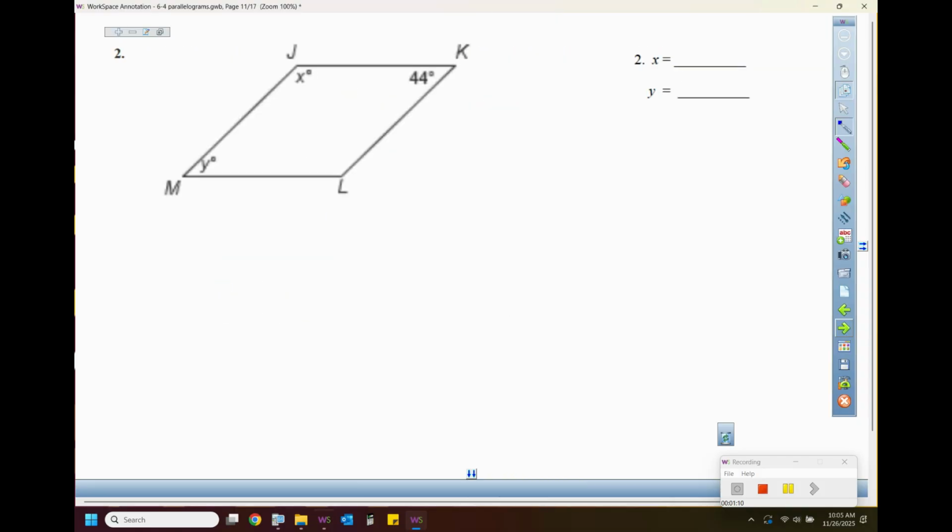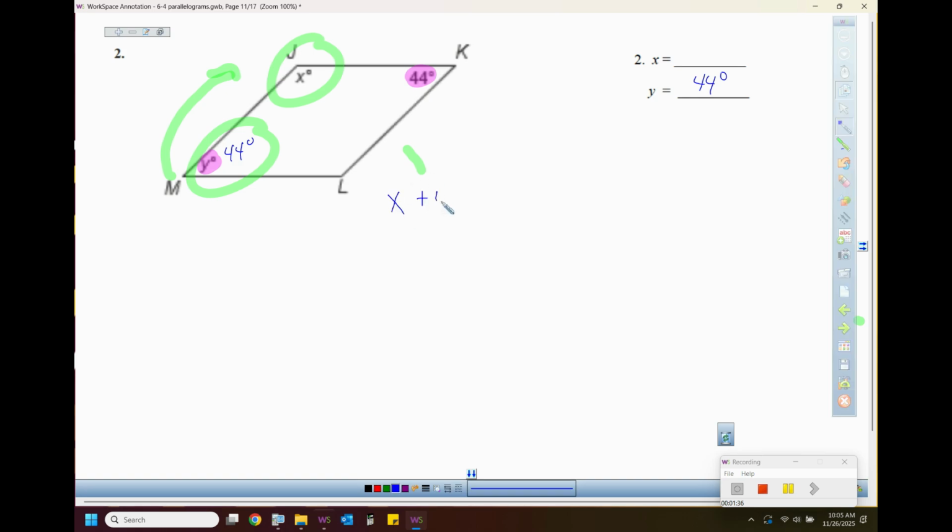Here, these are angles in this case. I know that opposite angles are equal, so that should be pretty cut and dry. This one right here is going to be 44 degrees, and I think we'll find it helpful to put that back in the picture. And then to deal with these, these are consecutive angles in a parallelogram, so they need to add together to be 180.